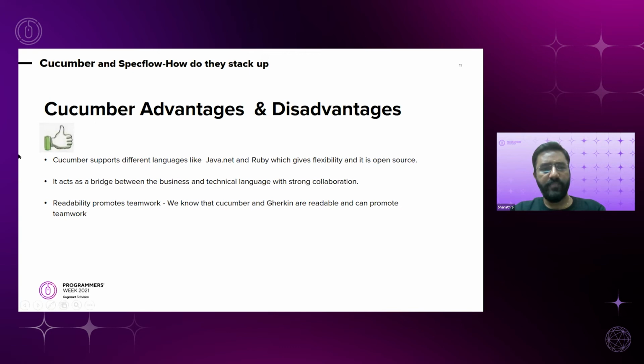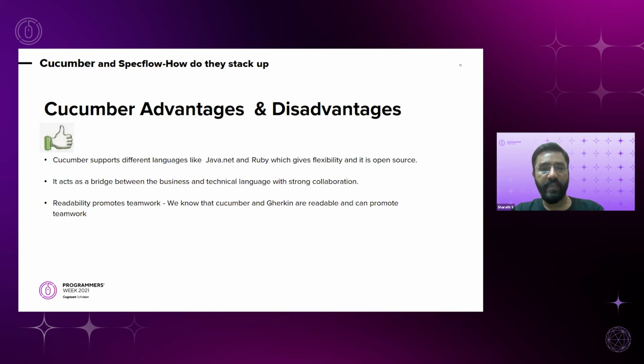Cucumber acts as a bridge between the business and technical language with strong collaboration, isn't it? Since our BA or a PO may not be aware of the code, or they may not be technical folks, more often than not, it's the case.